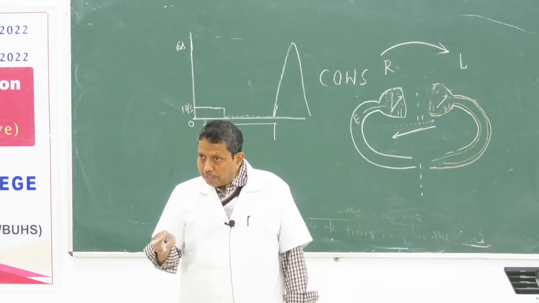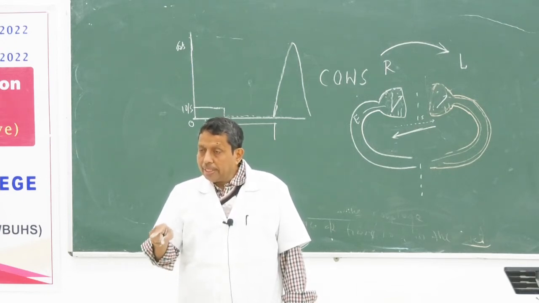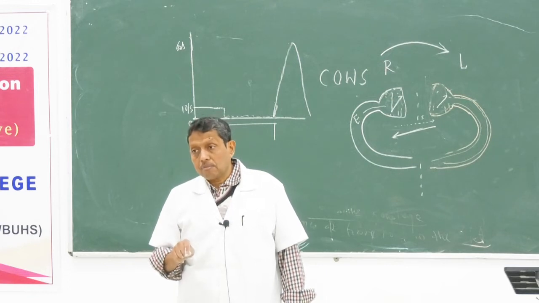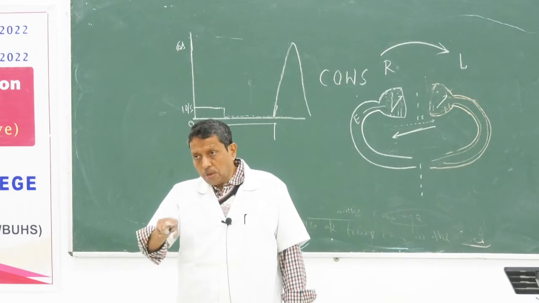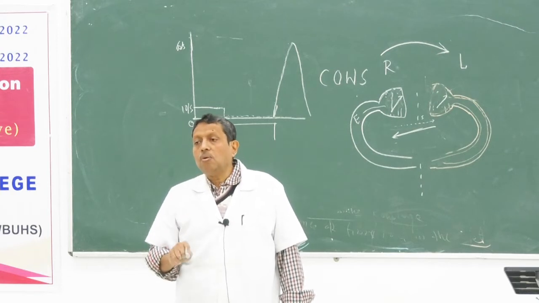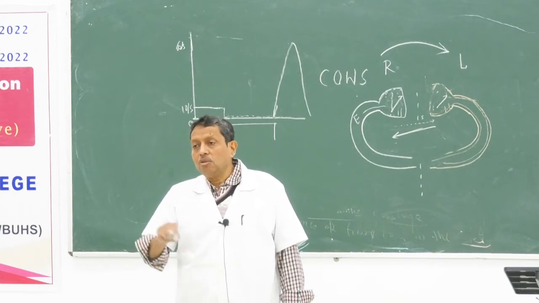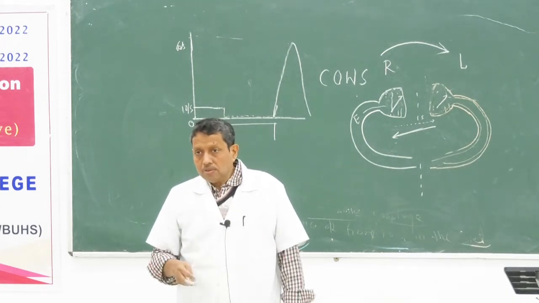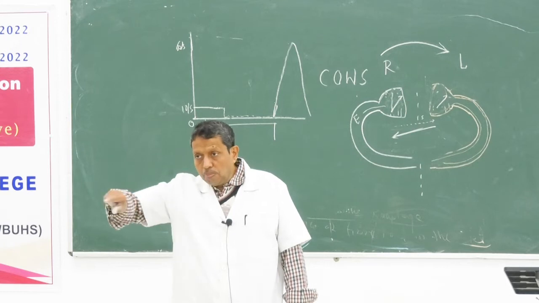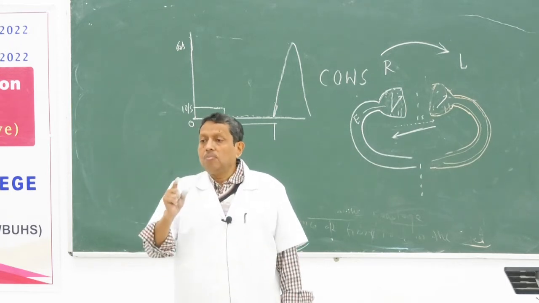Whenever force is operating, then there is acceleration or opposite deceleration. And when the force is continuously operating, then there is no acceleration. But whenever it is stopped, then there is deceleration.